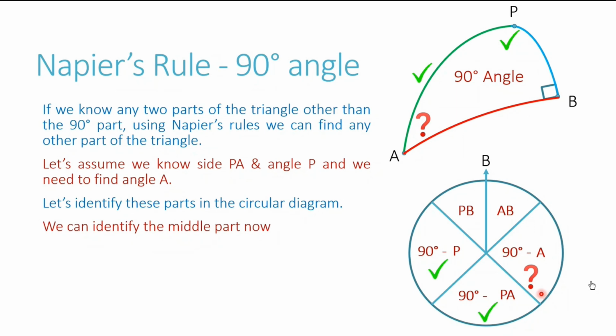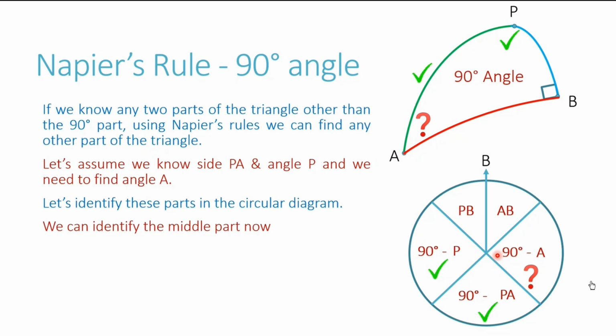Now, we want to pick up a middle part out of these three. Let's say somebody picks up the 90 minus P as a middle part. Now, if you pick 90 minus P as a middle part, the part 90 minus PA becomes adjacent to it, and the part 90 minus A becomes opposite to it.